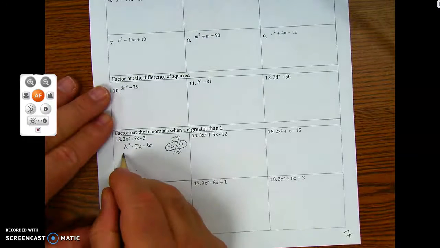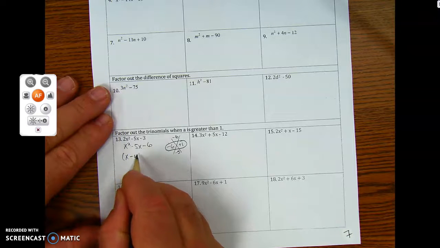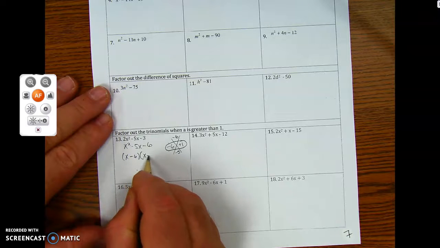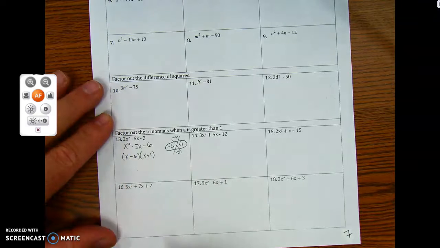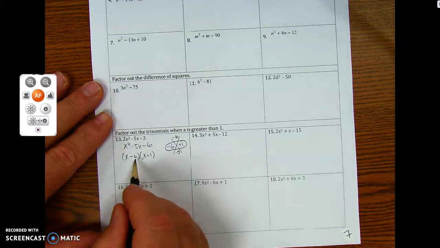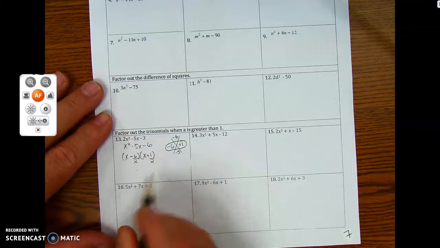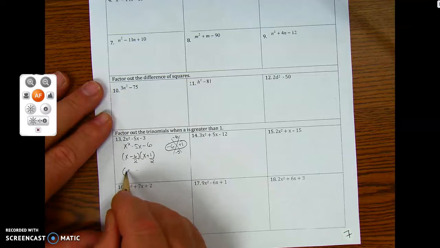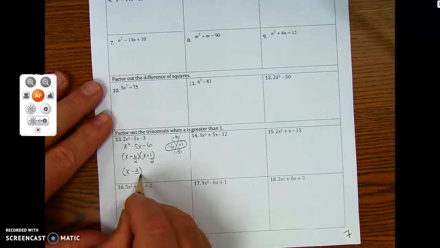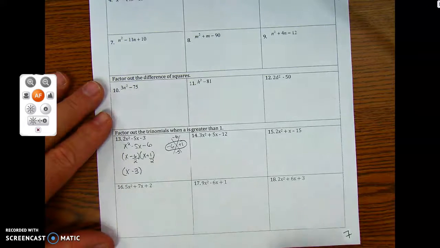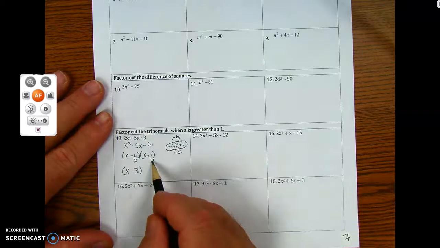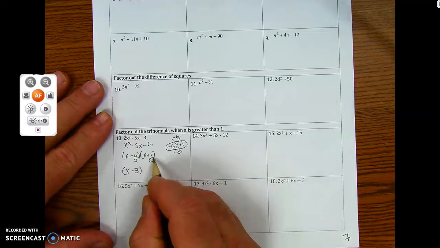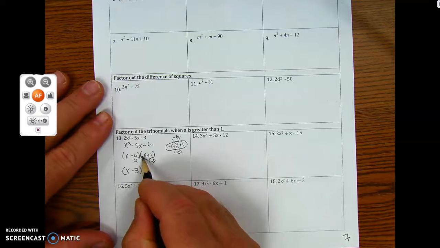So x minus 6 times x plus 1. Divide both of those by a, which is 2. That'll give me x minus 3 for the first factor. I'm halfway done. Now, 1/2 can't be simplified, and it is a fraction, so I need to bring the 2 up here.